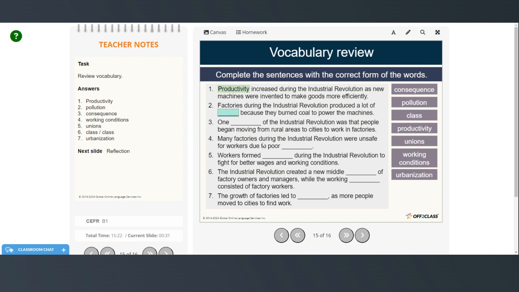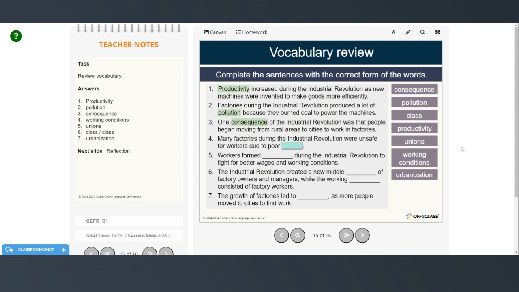Factories during the Industrial Revolution produced a lot of pollution because they burned coal to power the machines. One consequence of the Industrial Revolution was that people began moving from rural areas to cities to work in factories.